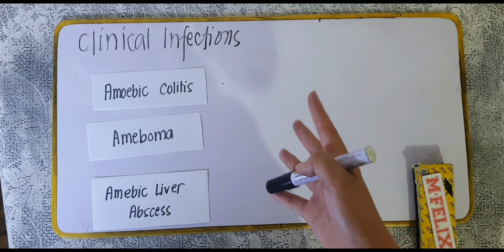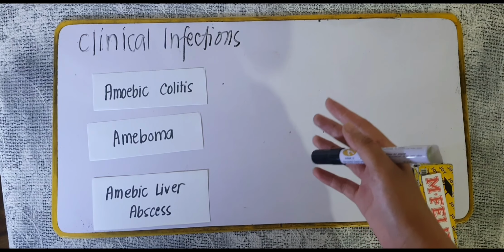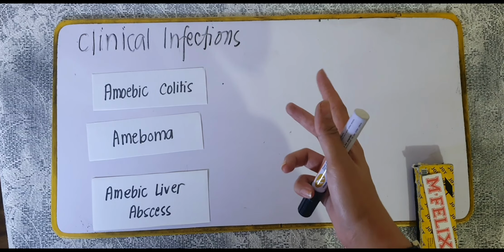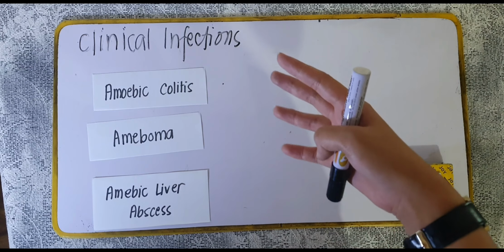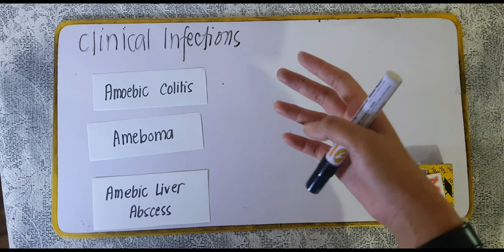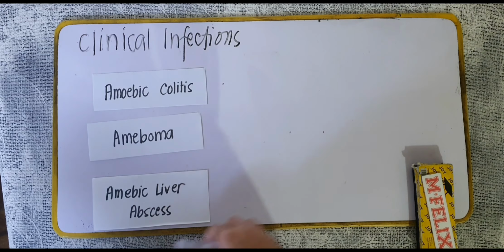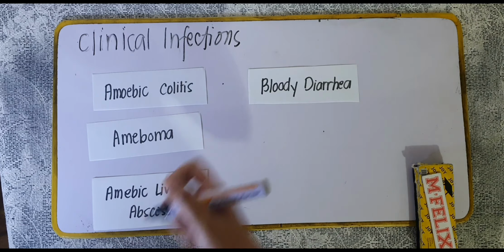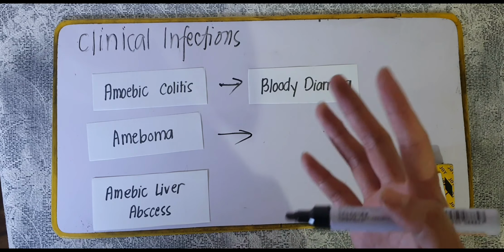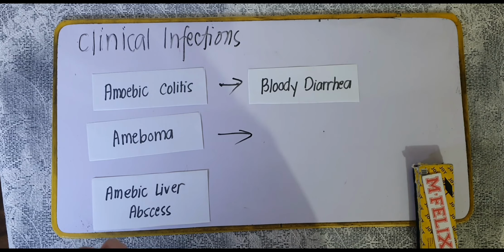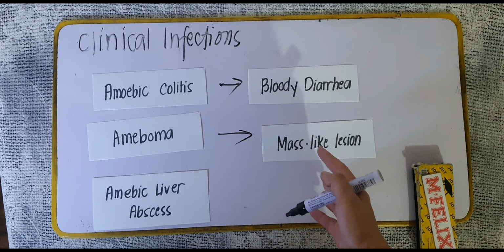Although some patients may only have intermittent diarrhea alternating with constipation, children may also develop fulminant colitis, with severe bloody diarrhea, sometimes accompanied by fever and even abdominal pain. Amoeboma, on the other hand, clinically presents as a mass-like lesion with abdominal pain and a history of dysentery.